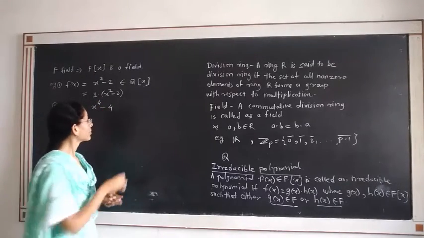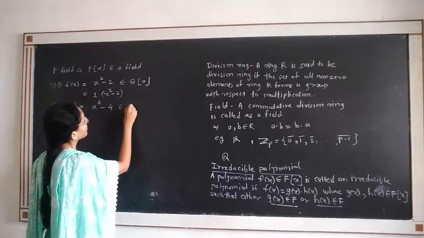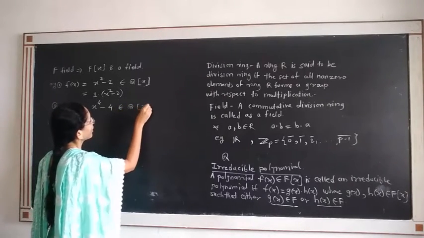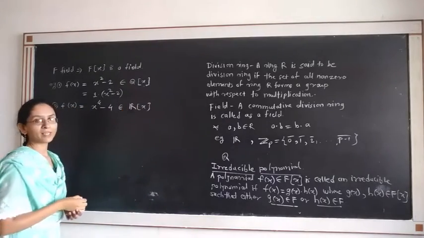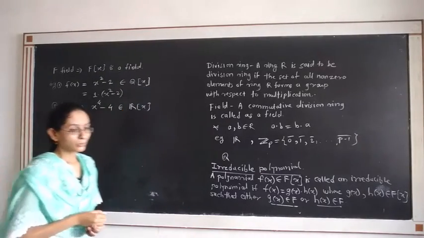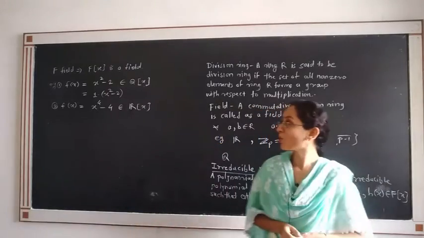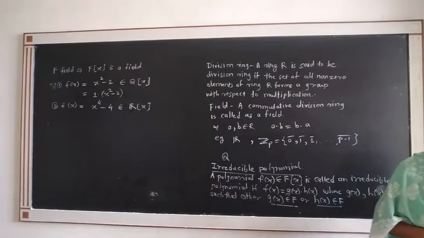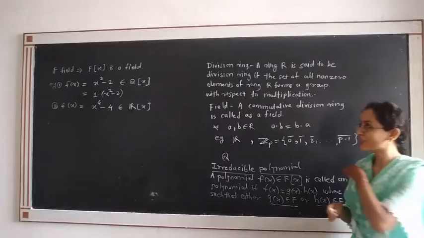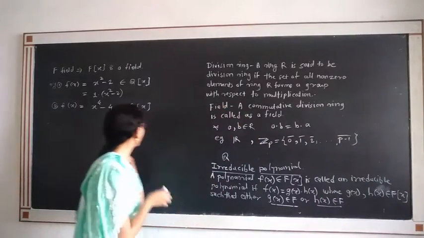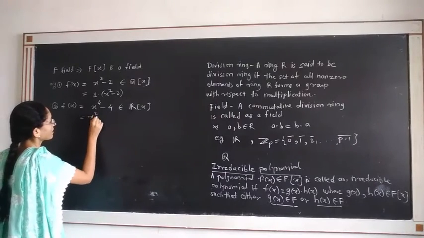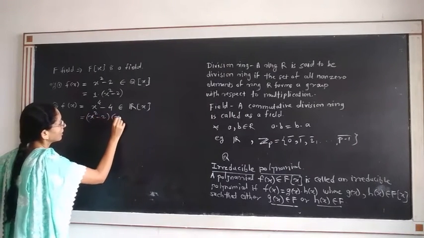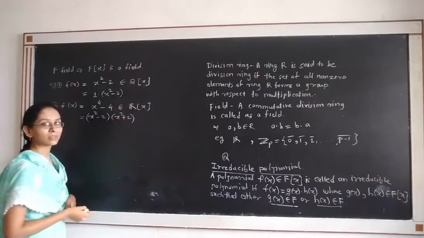Now, take this polynomial from the field Q[x] again, or you may consider it from the field R[x], the set of real numbers. Now, see that this polynomial is not an irreducible polynomial, meaning it is a reducible polynomial. See why? Because we factor this polynomial as x square minus 2 into x square plus 2, right?